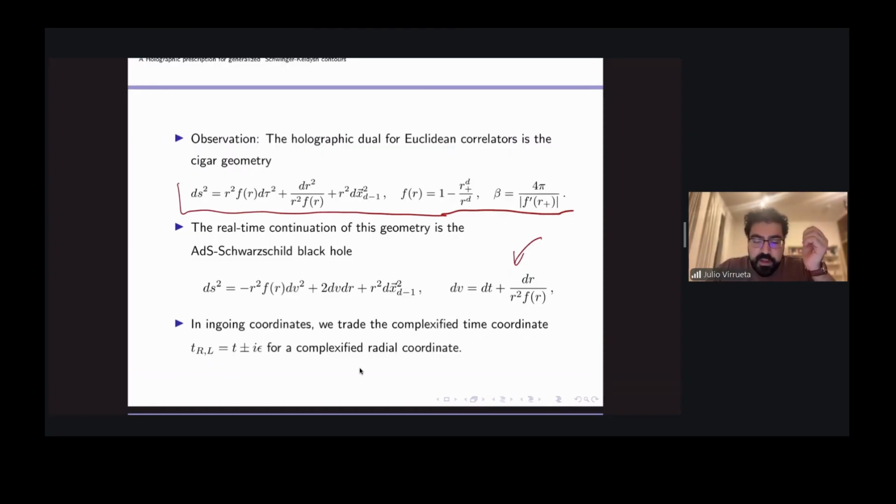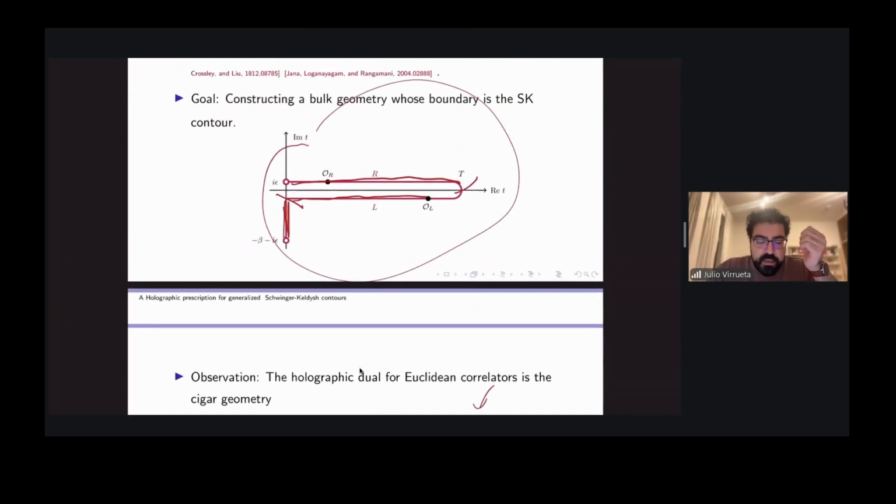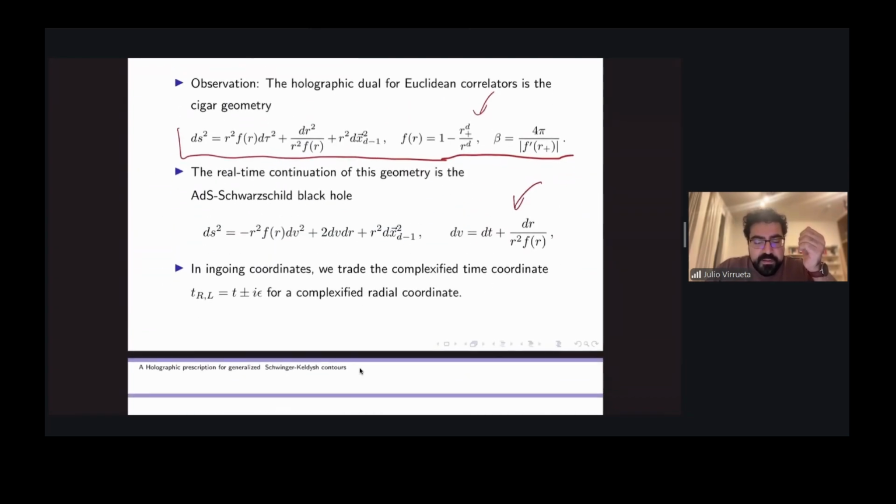So this is a black hole for the Euclidean segment, and the corresponding analytic continuation is just the black hole in the two Lorentzian segments. So this segment here is dual to the cigar, and these two segments, their duals are two Schwarzschilds. I probably misspelled Schwarzschild. Okay.